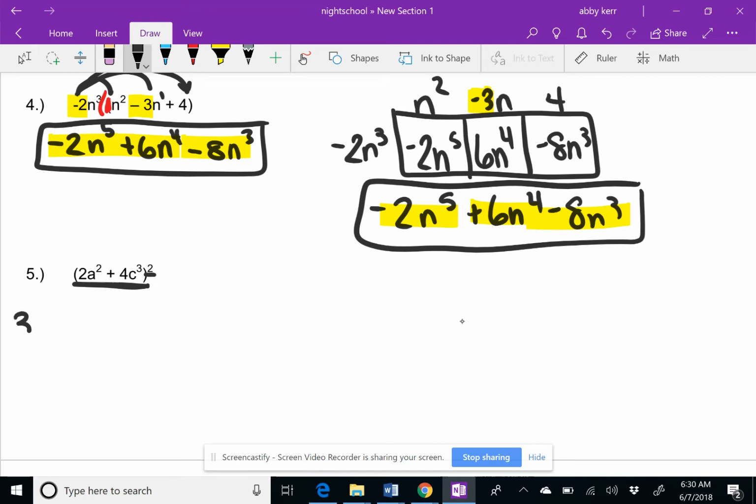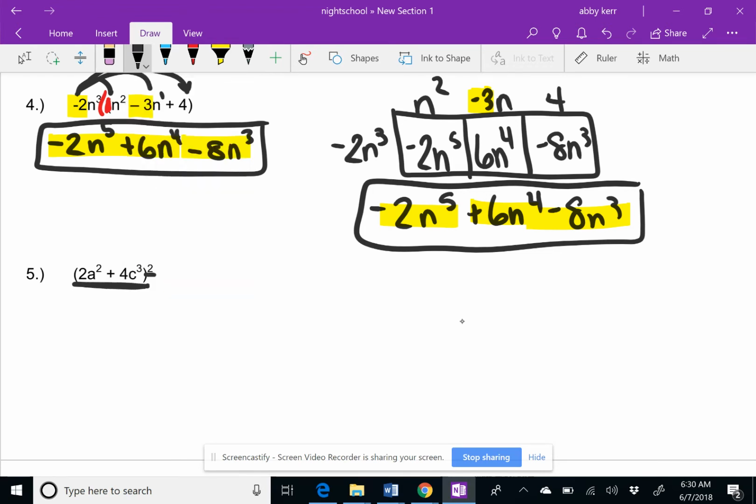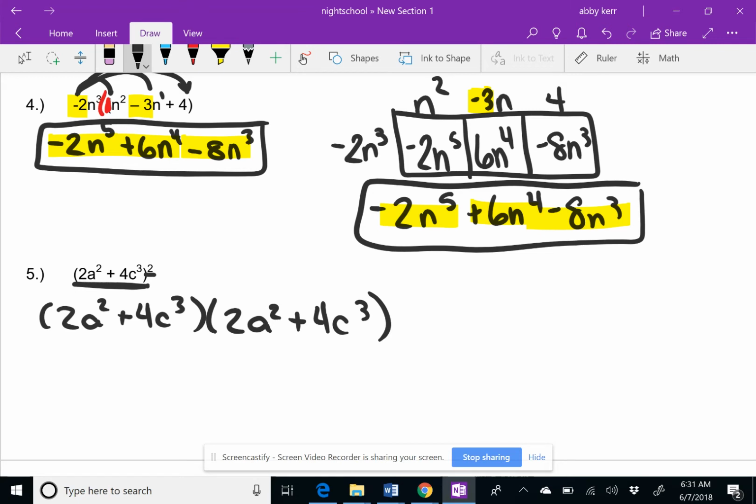Now in middle school, you just talked about 3 squared. So you would know 3 repeats 3 times. However, we've had to complicate things. So this is our entire base. So if we have 2a squared plus 4c to the third, and we see it squared, that means we have to rewrite it 2 times.